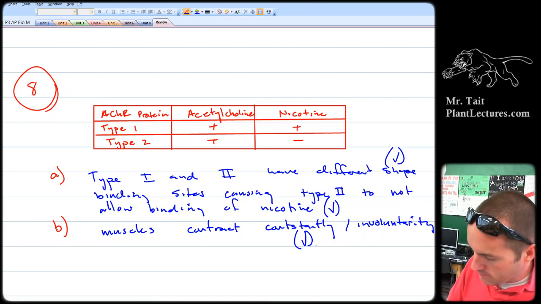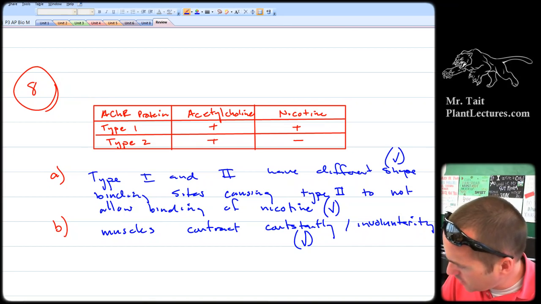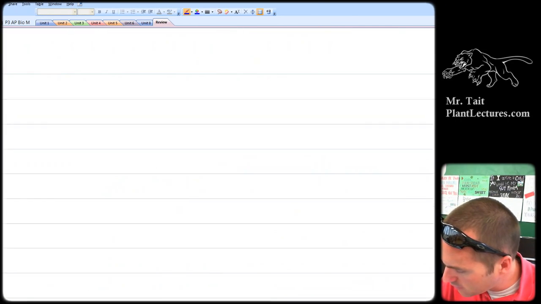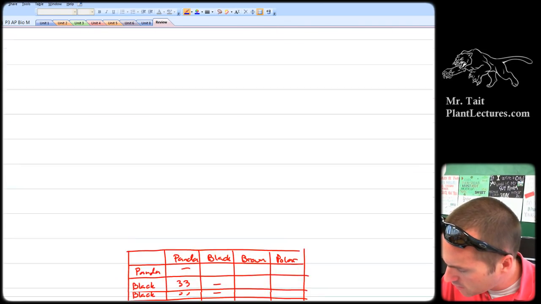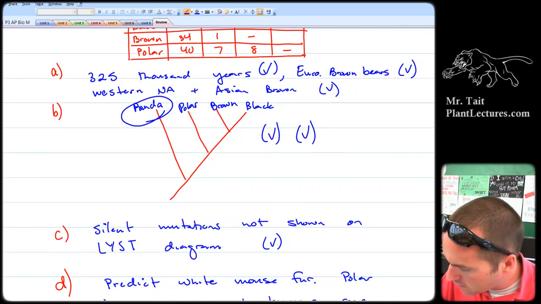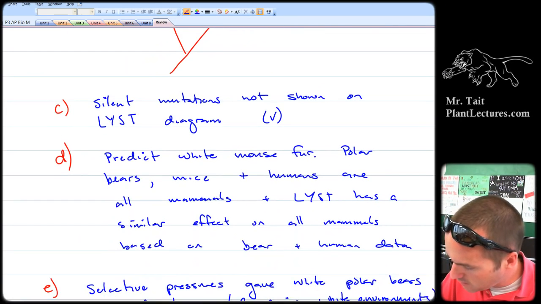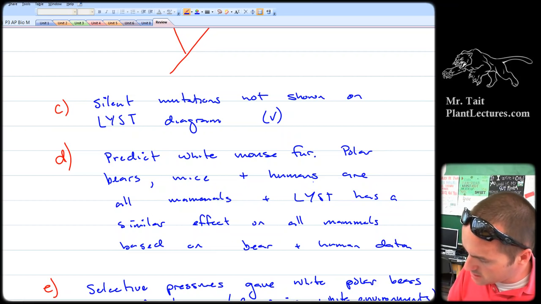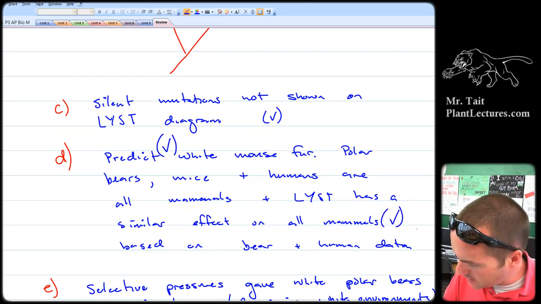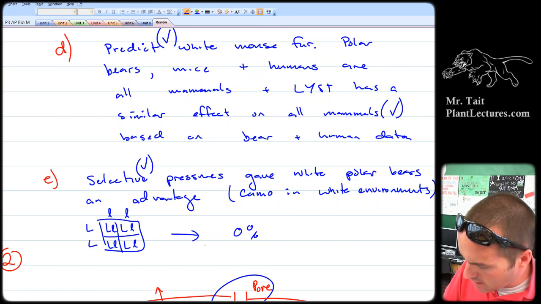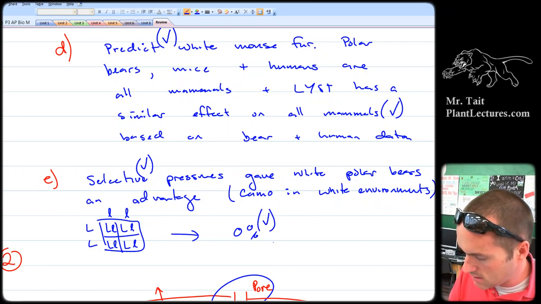One point there. So I don't think we finished our tally for question 1. Let's see. So we had 1, 2, 3, 4, 5, 6. Predict that the white mouse, so that was 7, and then the justify 8, and then selective pressures 9, and then the 0% 10.